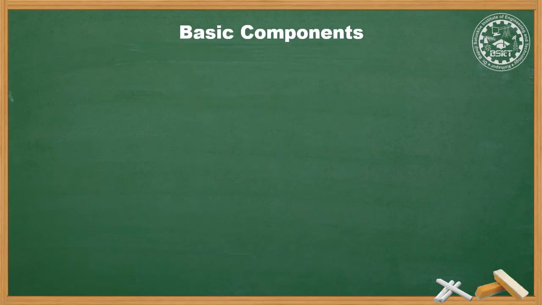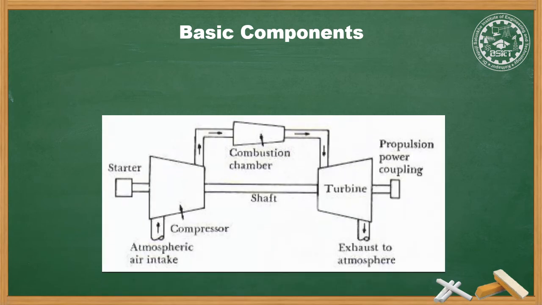The next is the basic components of a gas turbine. The gas turbine, as shown in the figure below, consists of three main basic components or elements: compressor, combustion chamber, and the gas turbine, with intercooler or regenerator as an auxiliary.